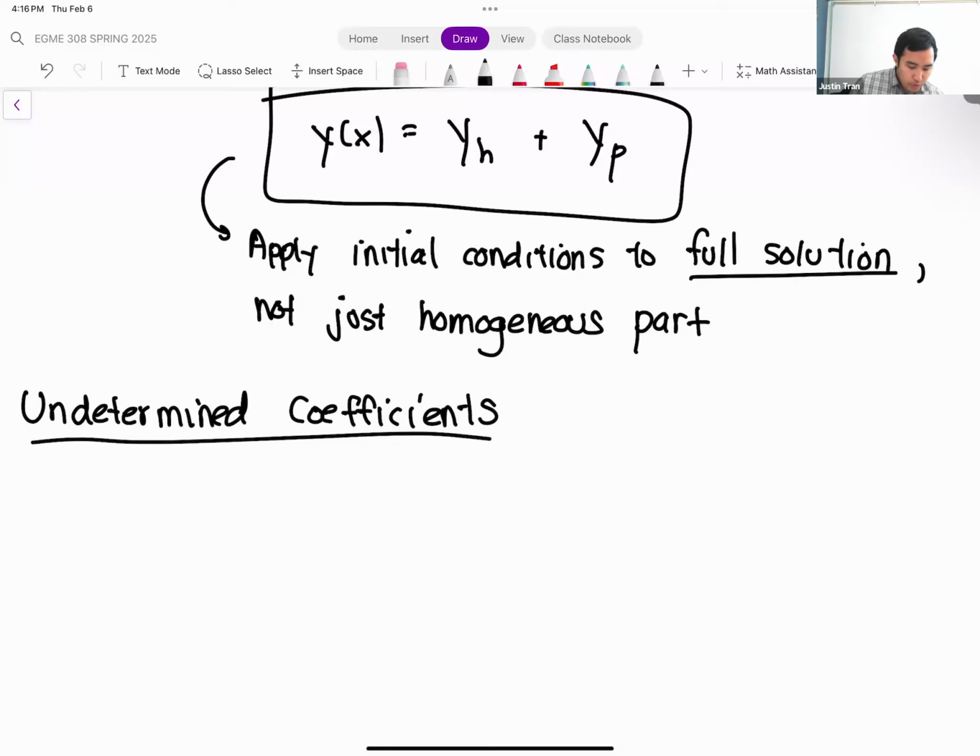So the method of undetermined coefficients is not really a method. It's a little bit disrespectful to the other methods to call this a legit method. It's more of a trick, right? The trick with undetermined coefficients is to say that our particular solution should have the same functional form as our non-homogeneous terms.